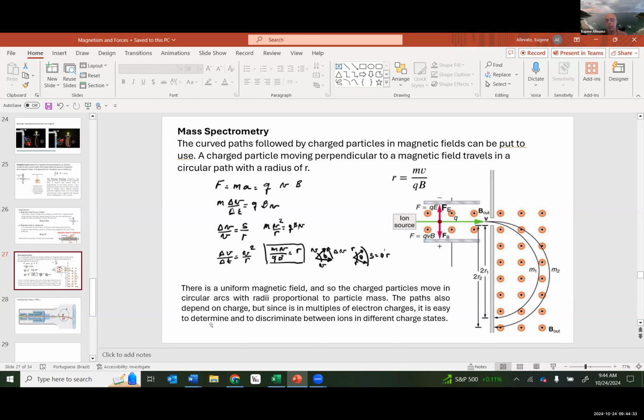And I can measure the radius. If I have the radius of the location where that element is hitting the screen, then I can correlate that with a mass. So the mass is directly proportional to the radius, right? So I can identify different elements.